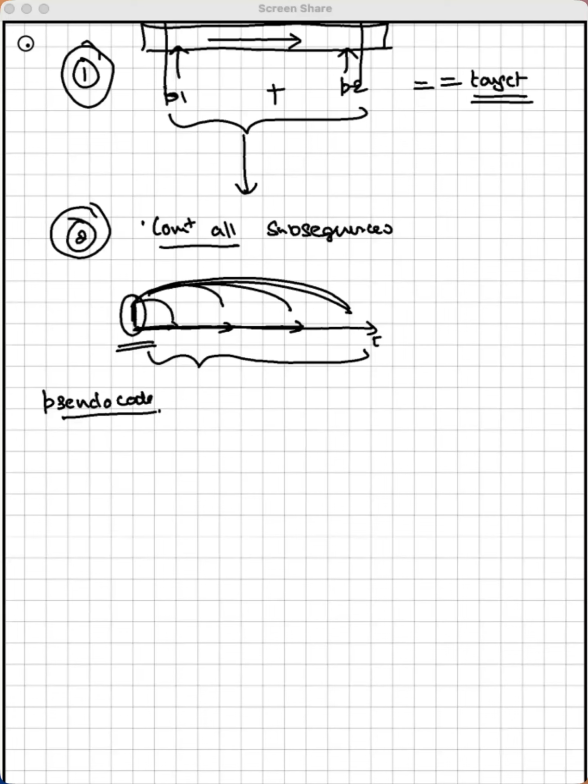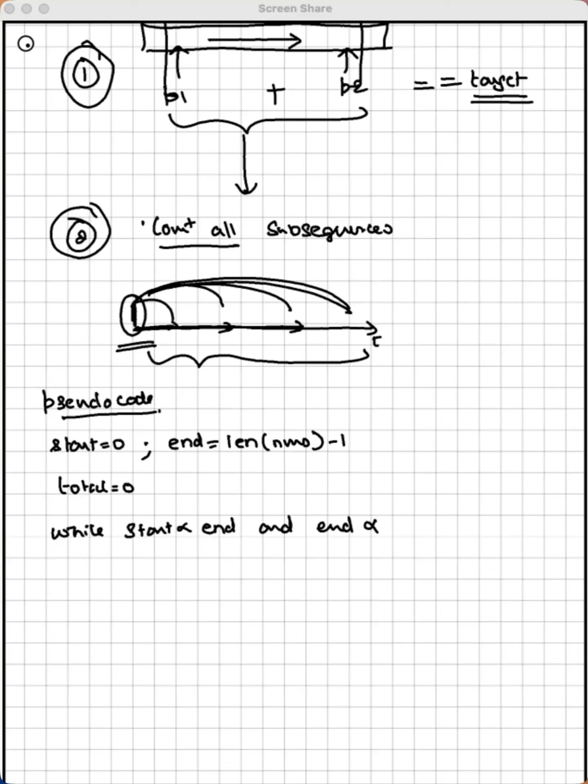Let's say I need 2 pointers, right? So let my 2 pointers be start and n, which is equal to len of nums minus 1. I also need to keep track of total subsequences, so let that be 0. So I say while start is less than n and n is less than len of nums, I'm good to go.